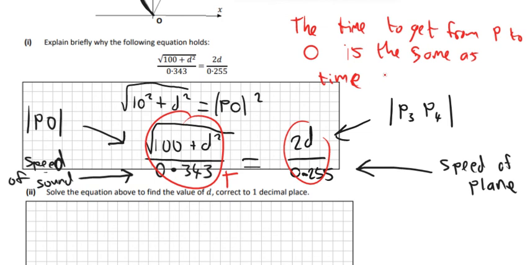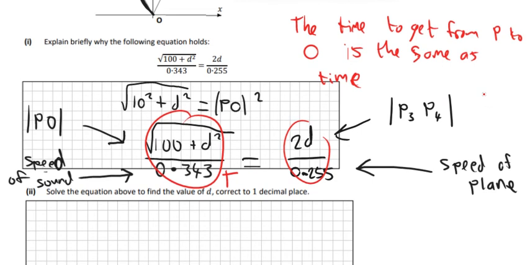From P to O is the time that it took for the sound to travel, and from P3 to P4, it's how long the plane took, so they have to be the same.